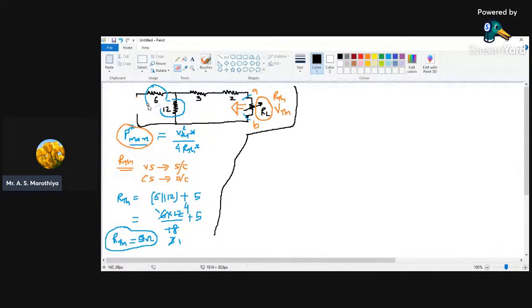So let me erase this. Meanwhile, you can also take pen and paper and try to solve this numerical, because the same numerical I gave you as homework. So try to solve this.